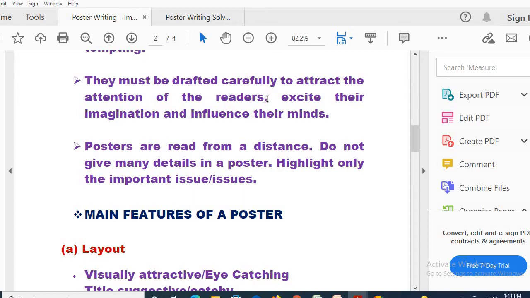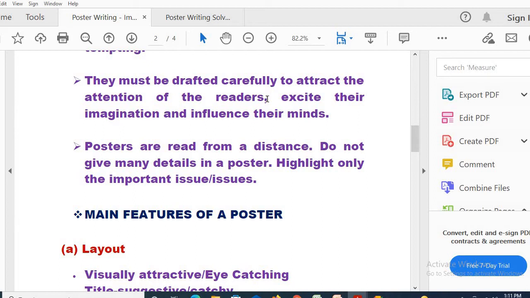Yes, you have to design it properly, you have to draft it properly to attract the attention of the readers, excite their imagination and obviously influence their minds. So this is something very important. You have to draft it carefully in such a way that it attracts the attention of the readers or the people, the masses.